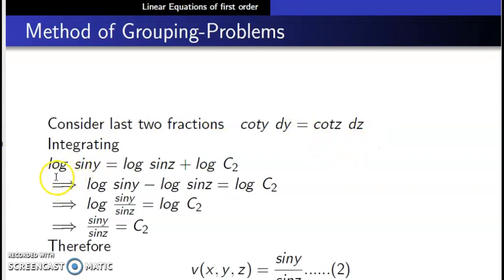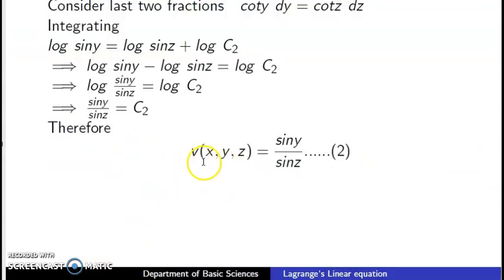Now integrating, we get log sin y is equal to log sin z plus log c2. Now log sin y minus log sin z is equal to log c2. Log a minus log b is log a by b. So you get log of sin y by sin z is equal to log c2. So sin y by sin z is equal to c2.